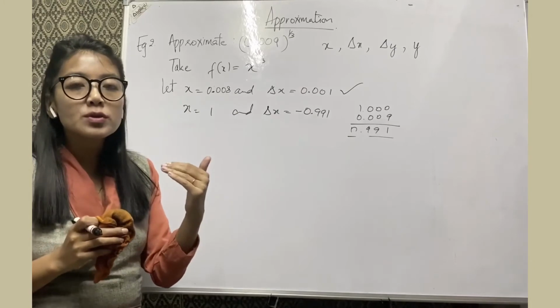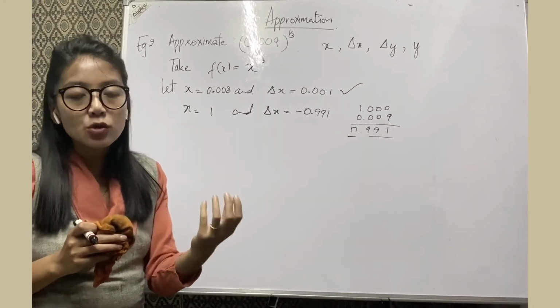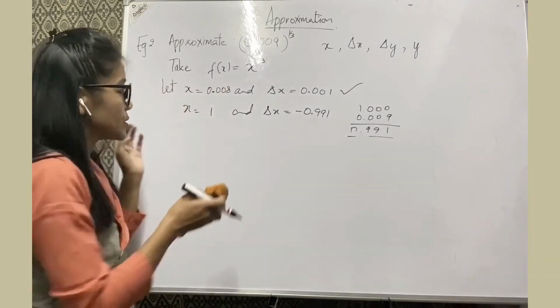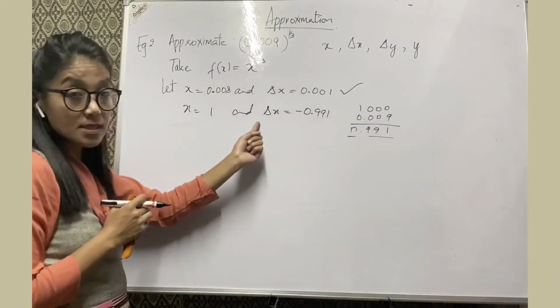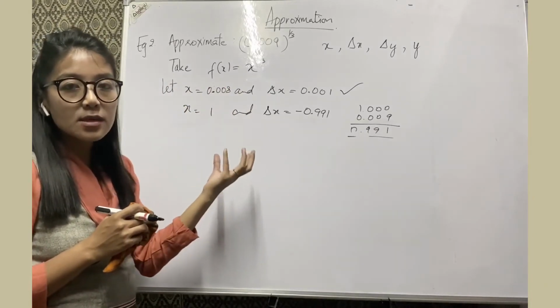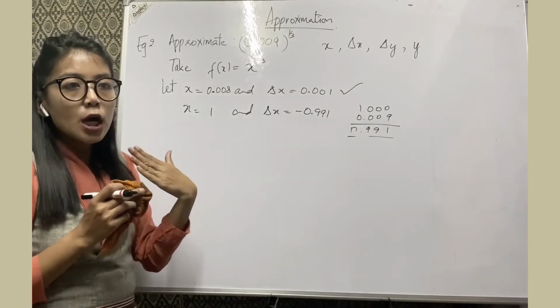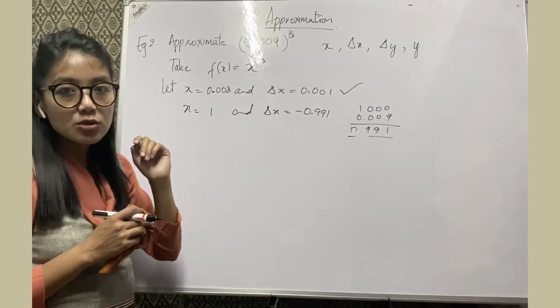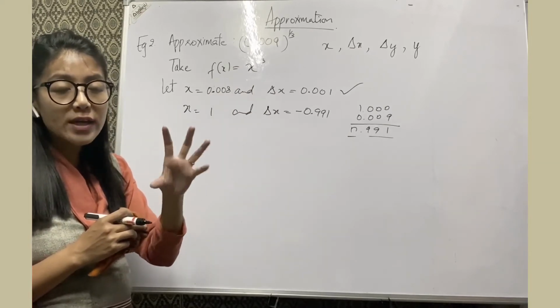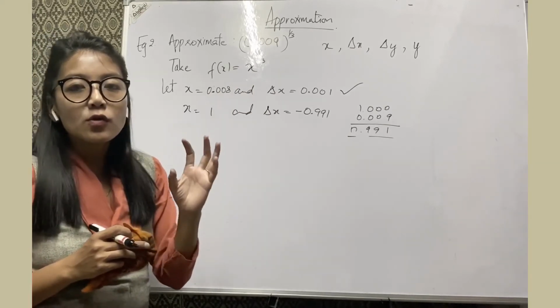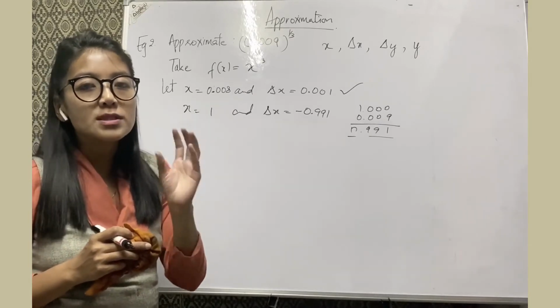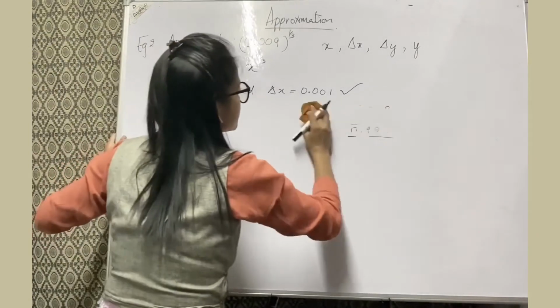As you choose delta x nearer to 0, you will get a better approximation for such values, right? If you choose the other, you will get an answer, but it will not be a good approximate value for the cube root of 0.009. So you have to choose delta x such that it is nearest to 0, right? Okay.